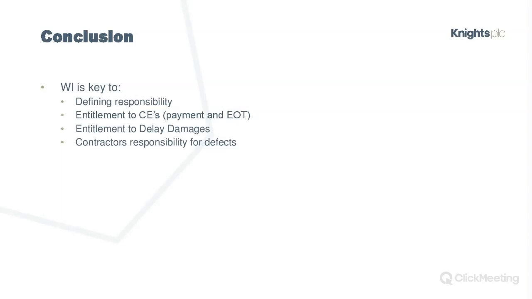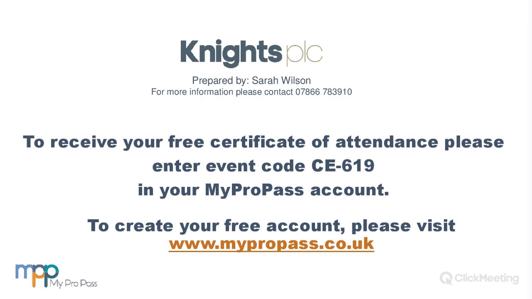So in terms of the works information, just bear in mind how it defines the contractor's scope of work and responsibility, and how important it is in respect of claiming compensation events, entitlement to delay damages, and also finally the contractor's responsibility for defects. So that's everything.